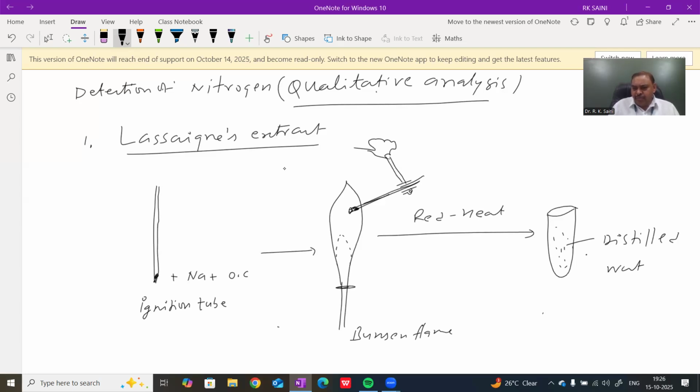Distilled water is the pure form of water in which no type of ions are present.